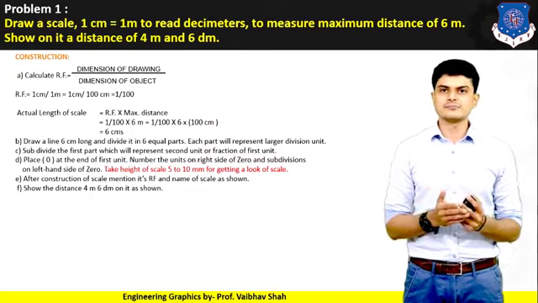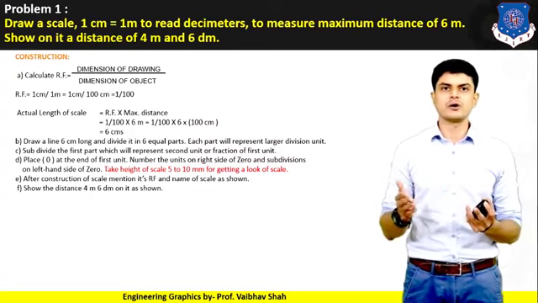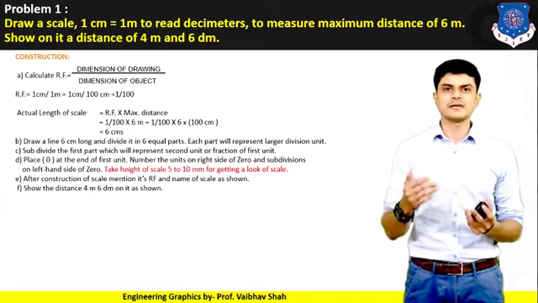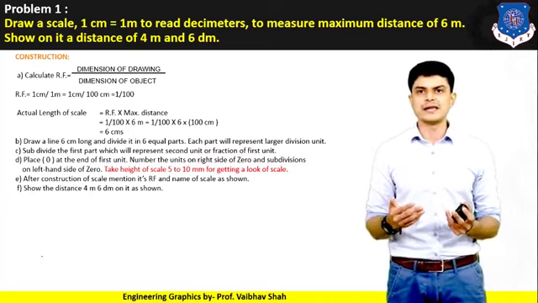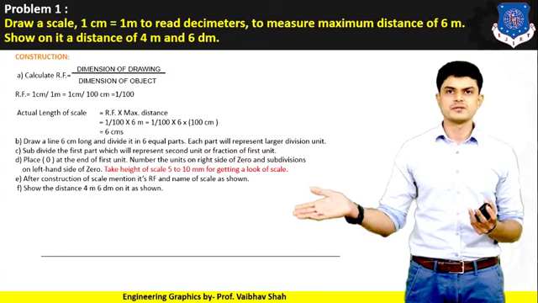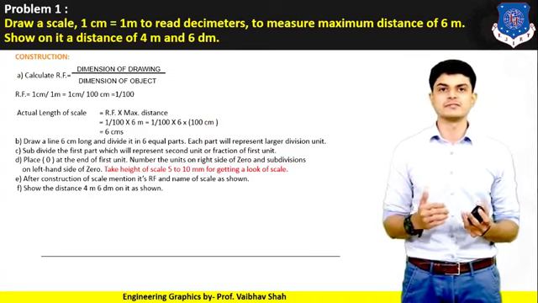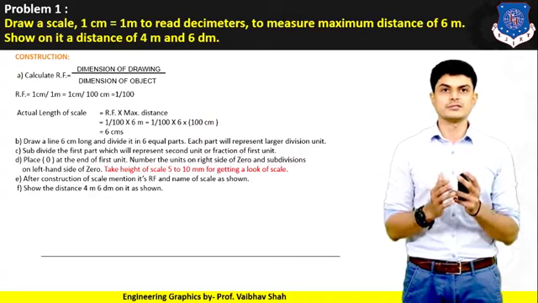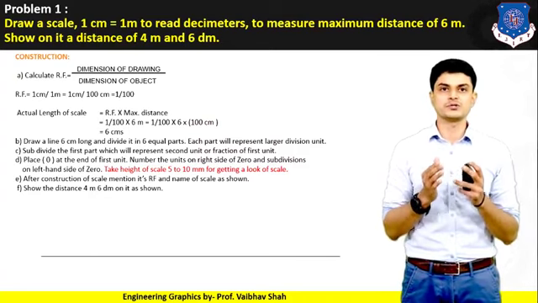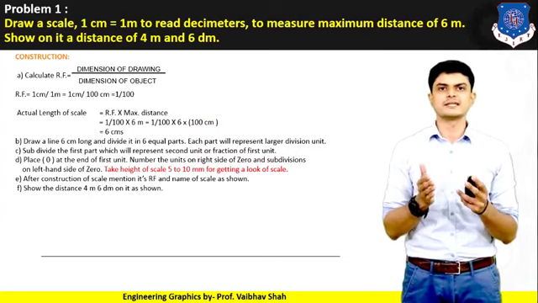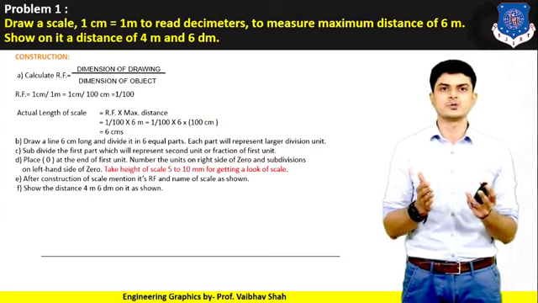Now that's it. We need to draw a 6 centimeter line to construct our scale. So let us begin. First, draw the line of 6 centimeters like this. After that, divide this line into a suitable number of equal divisions. Now the question is, sir, into how many divisions should we divide this line? In this case it is easy, you will say we can divide it into 6 divisions.